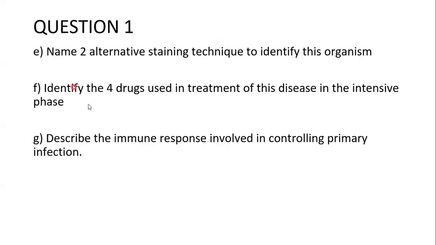Identify the 4 drugs used in treatment of this disease in the intensive phase. So this is a very common question. You'll also see it in the MCQs. Okay. What are the drugs? The mnemonic is usually RIPE. What does RIPE stand for?